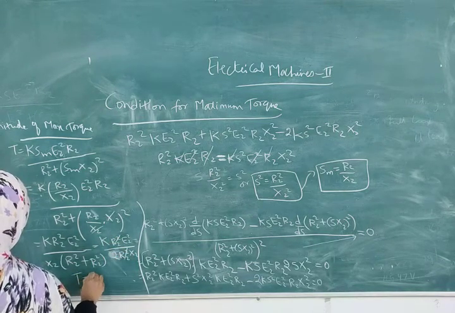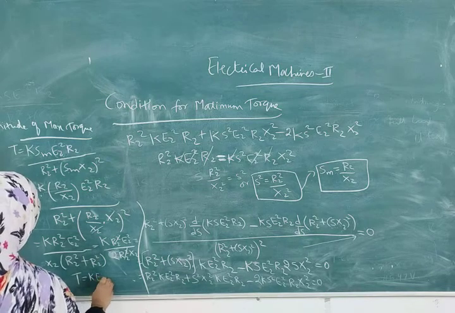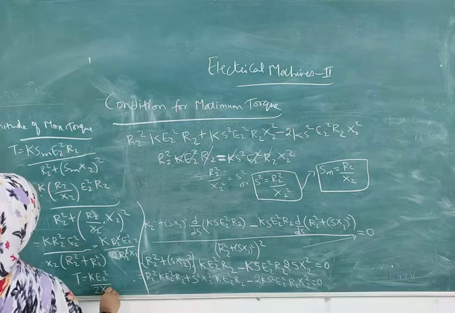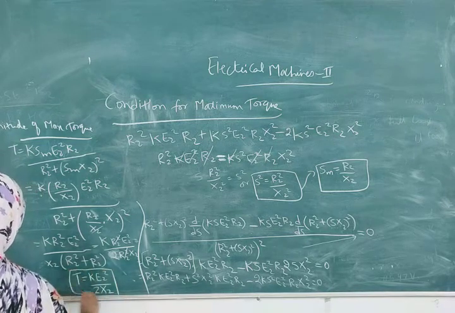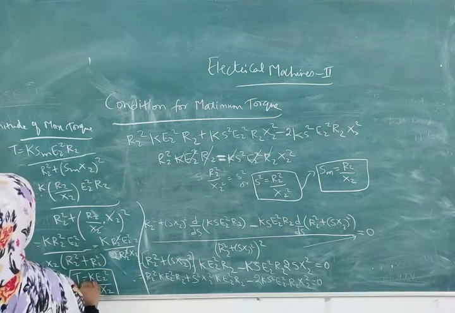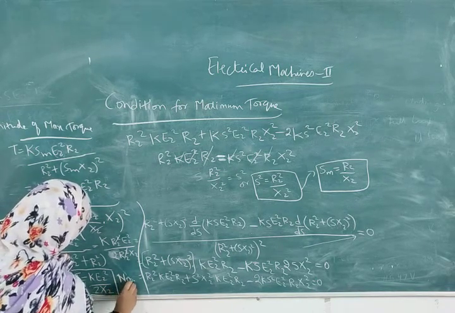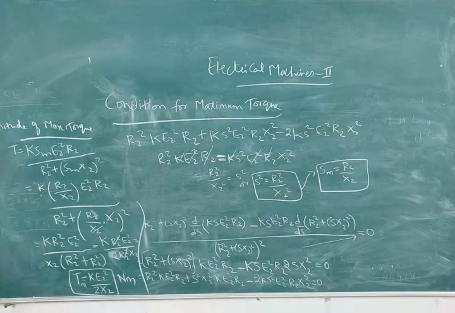T is equal to K E2 square by 2x2. This is the condition for maximum torque, K E2 square by 2x2, and the unit of torque is Newton meter. So this is the magnitude of maximum torque, that is K E2 square by 2x2.